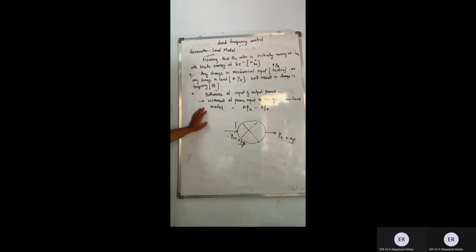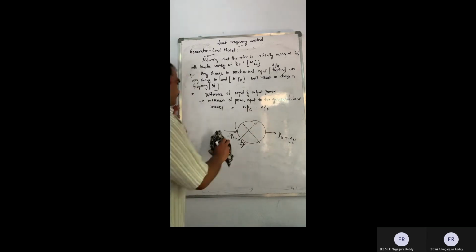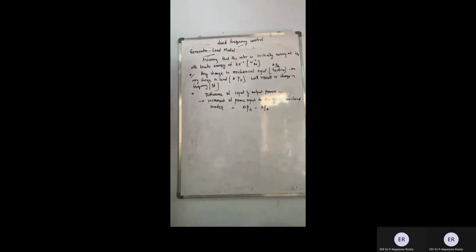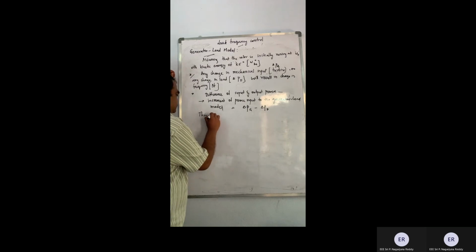That is what I have mentioned here: the increment of power input to the generator load model is equal to delta PG minus delta PD. Now, this particular increment of power input is accounted in two ways.